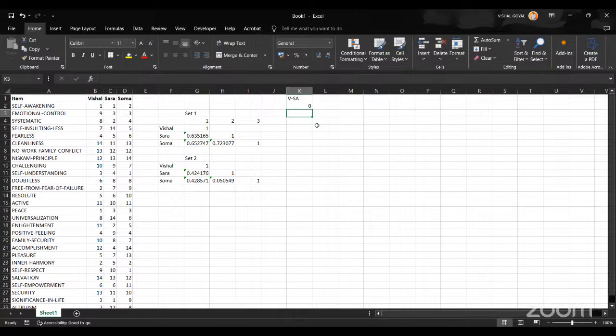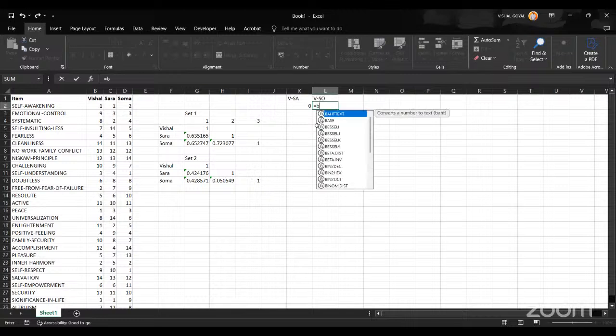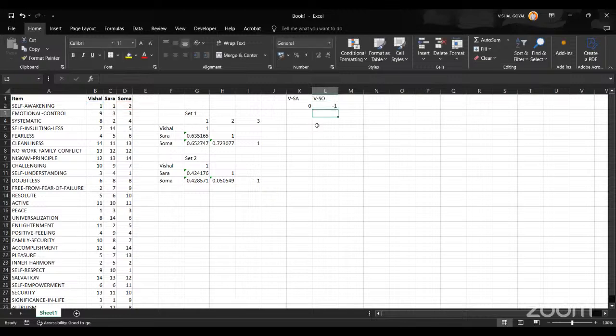Okay, now you write down V minus SO. Next column, you go to the IJKL. V minus SO. Then you write down equal to B2 minus D2. Enter. Now you copy and paste.